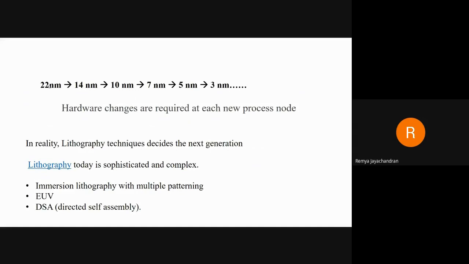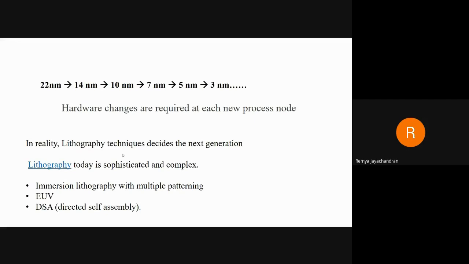As I told before, we are switching from one node to another. Hardware changes are required for each process node. In reality, the lithography technique decides the next generation.